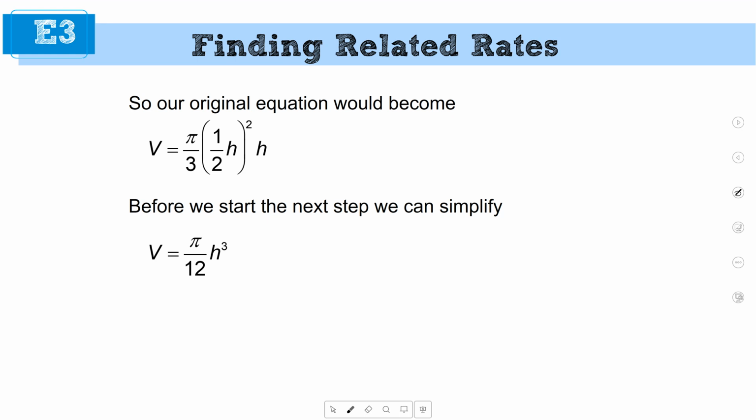What's the derivative? Pi over 4 h squared times dh/dt. Say that once more. Pi over 4 h squared times dh/dt. Beautiful. What's the left-hand side? dV/dt.